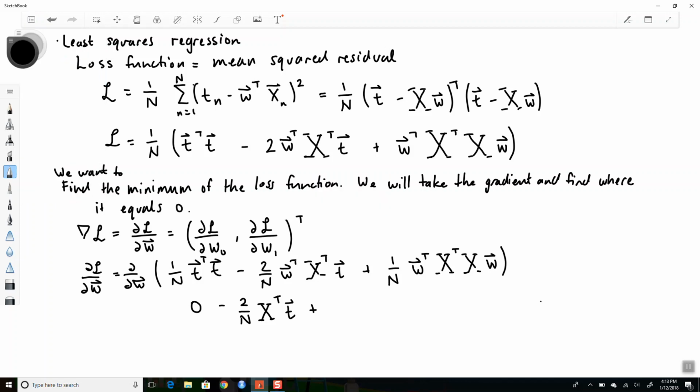What's the derivative of w transpose C w? It's going to be 2Cw. So this becomes 2 over n X transpose X w. All right, and so this is our derivative, and we will set this equal to 0 and solve for w.